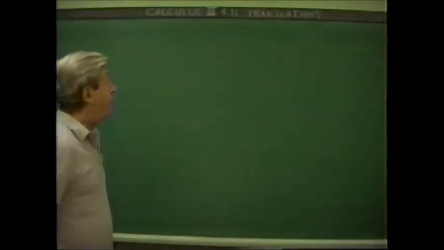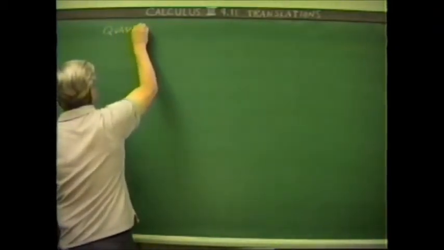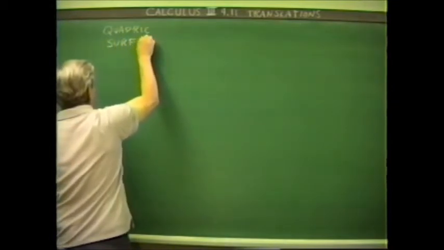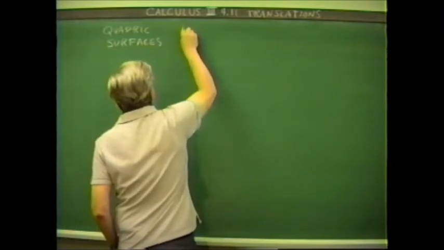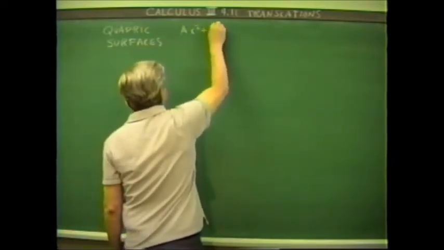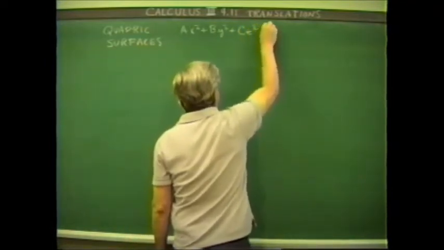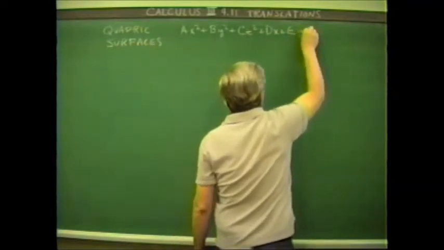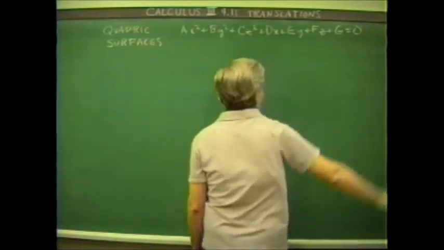I want to take a look now at what happens if one of these things is translated. These quadratic surfaces have equations that look like ax squared plus by squared plus cz squared plus dx plus ey plus fz plus g equals 0.